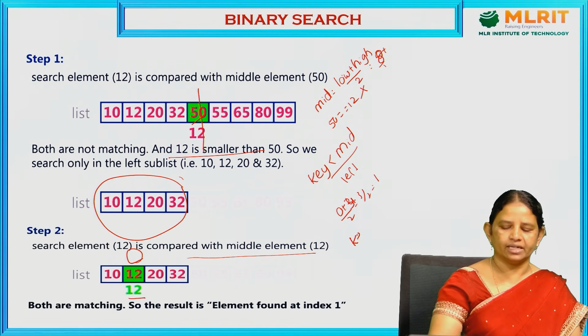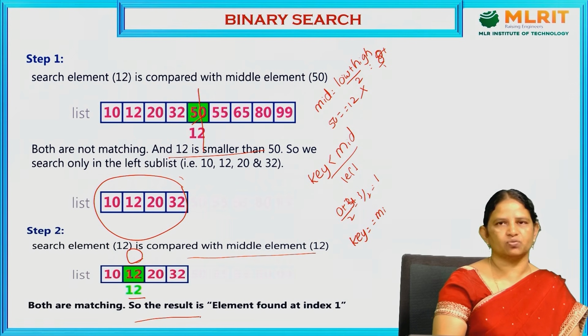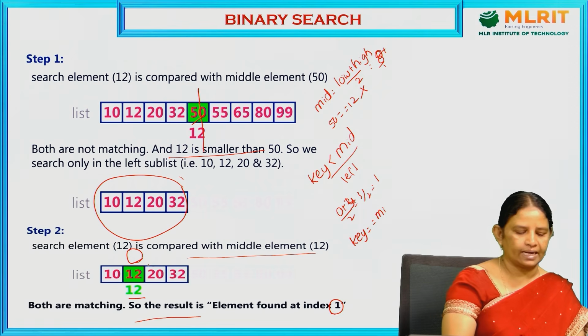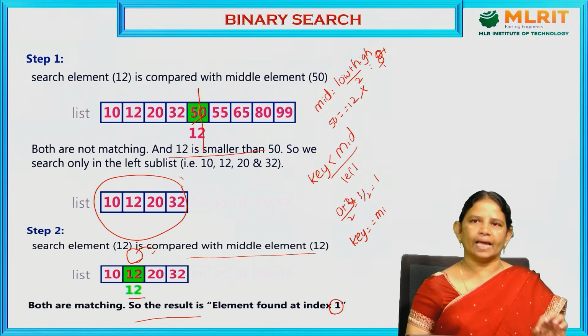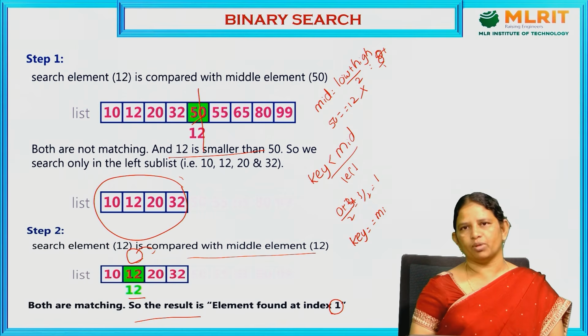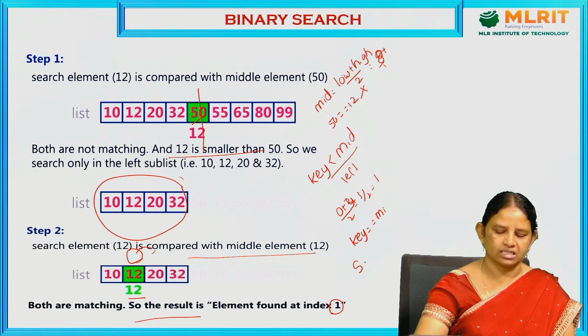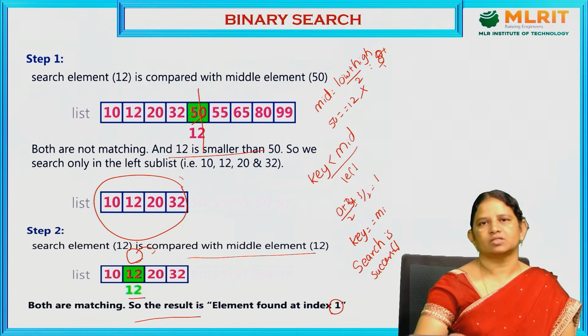The key element is equal to the mid element, so the element is found at index 1. We can say that the key element is found and the search is successful.